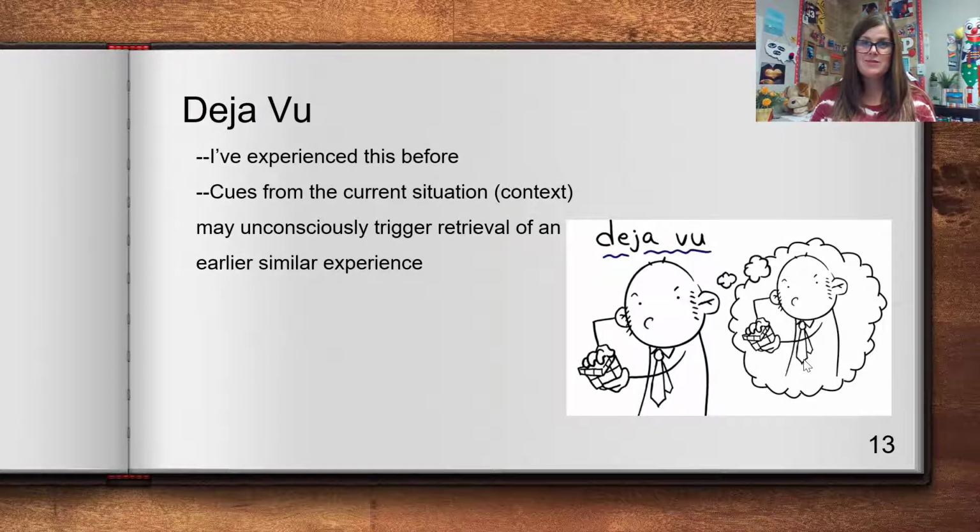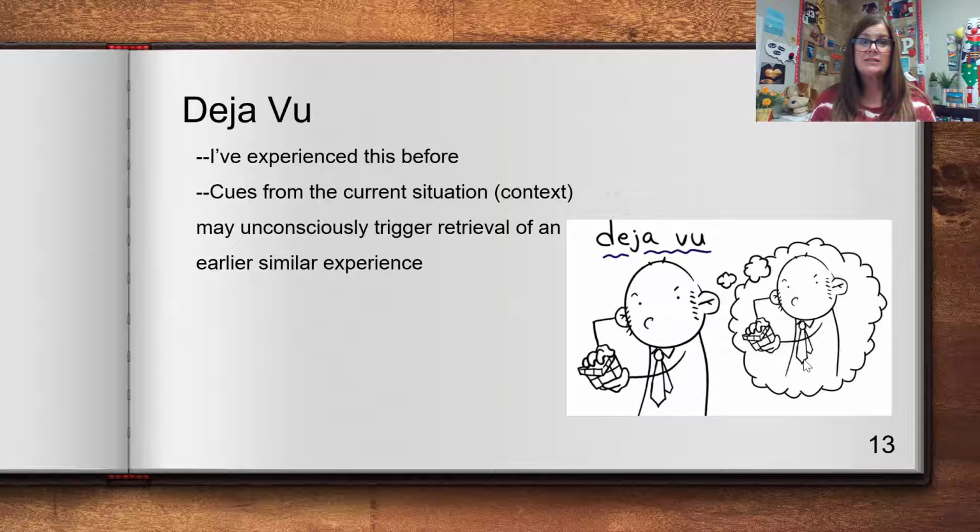Déjà vu, something that we've all experienced before. And that is exactly what déjà vu is. It's that feeling that you've experienced this before. How does it happen? It's a mystery of psychology. But what is believed to be true about déjà vu is that there are cues from the current situation, much like the context.